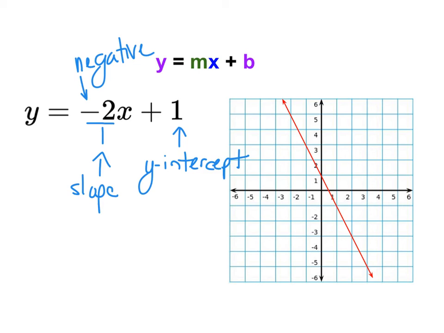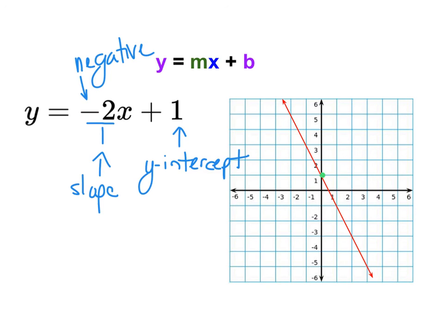All right, let's check my graph and see if it matches what I have written here. I'm going to start with my y-intercept. My line crosses over at the number 1 on the y-axis, and it does. So let's put a dot there. Then the slope is rise 2, run 1, and it's negative.